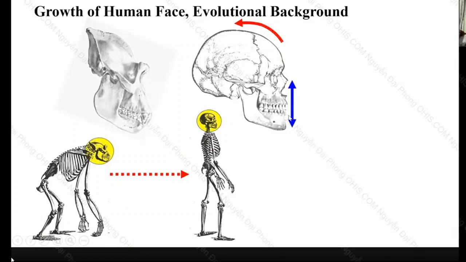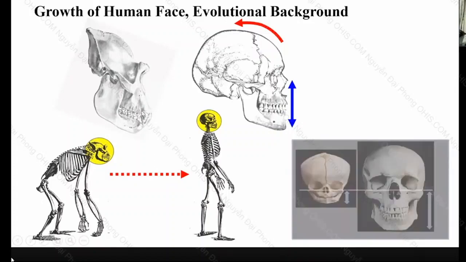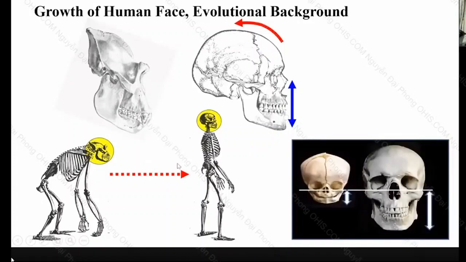This type of facial morphology. So you can see here the newborn baby. Their cranium is very big, but the lower face here is very small, an immature type of lower face.